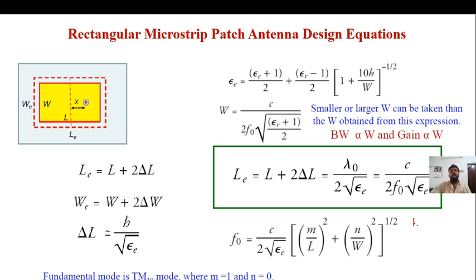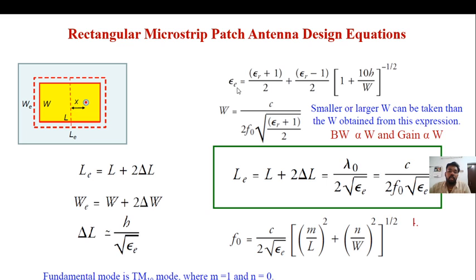So these are the equations used to design the rectangular microstrip patch antenna. So here W is equal to C divided by 2 f0 times the root of (epsilon r plus 1) divided by 2. This f0 is your resonating frequency, C is 3 into 10 power 8, and epsilon r is based on the dielectric material you are going to use. From that you can find out the W. Then you have to use this W here, and H is the substrate height.